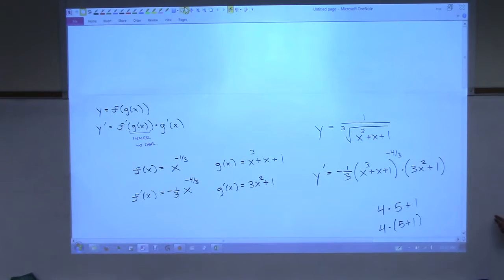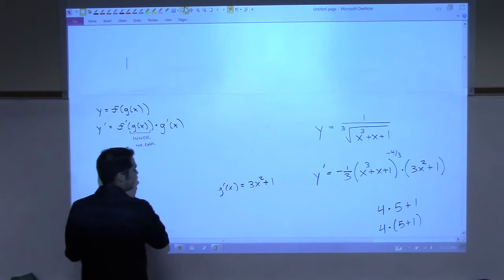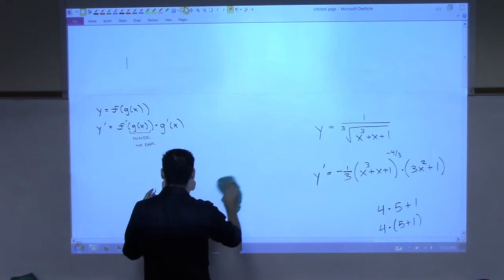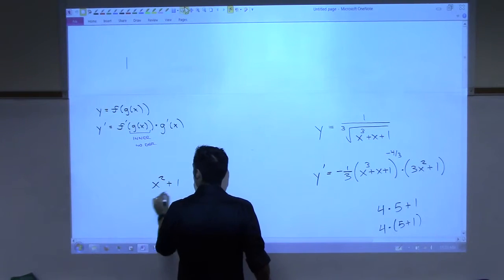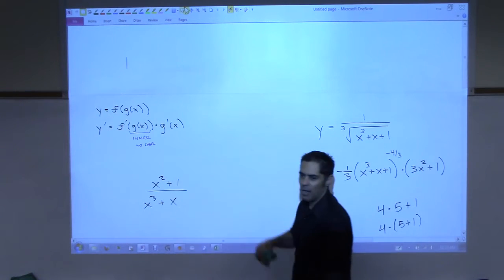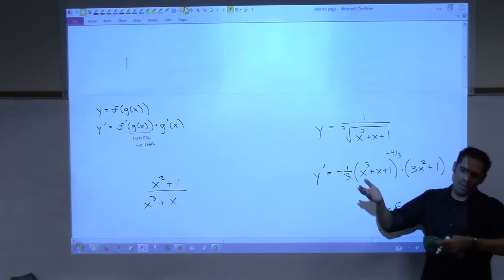So we avoided the quotient rule completely there, didn't we? It actually turns out, believe it or not, you can throw quotient rule out completely by always turning things into a chain rule. I'll give you an example. I'm not going to work through it, but if you had x squared plus 1 over x cubed plus x, from last class, we would do derivative of the top times the bottom minus derivative of the bottom times the top all over the bottom squared.